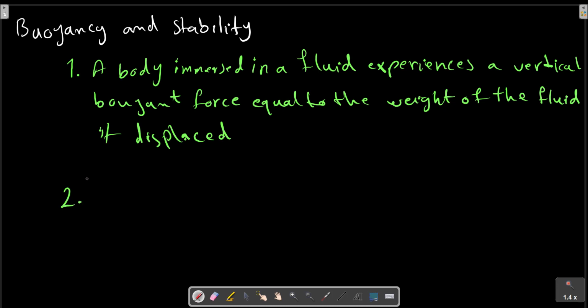And 2: a floating body displaces its own weight in the fluid in which it floats.